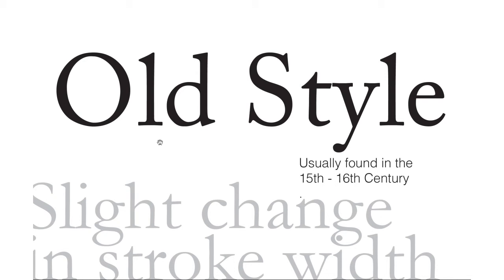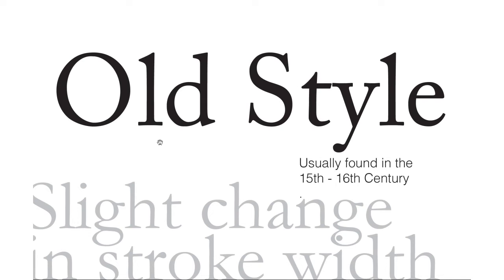Now moving forward in time, old style. You're going to notice a few key distinctions in old style fonts. For instance, they're going to have these cupped serifs at the bottom. Like if we zoom in on the L of old, you're actually going to see there's a slight little curve to the serif at the bottom. That's usually a distinction that this is an old style font.